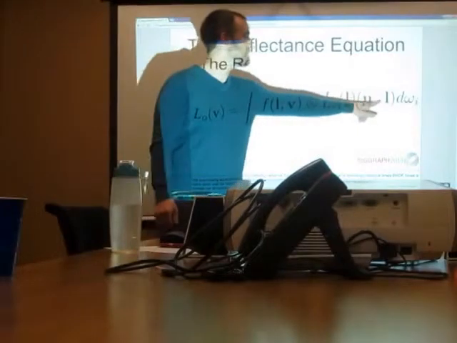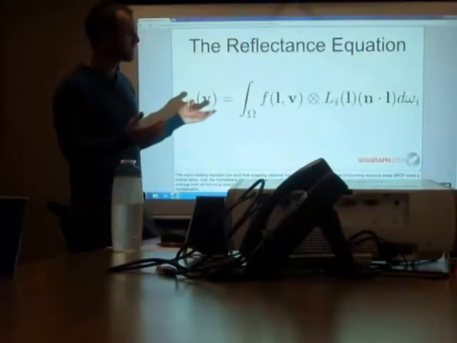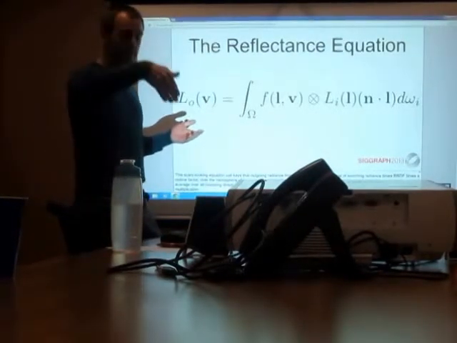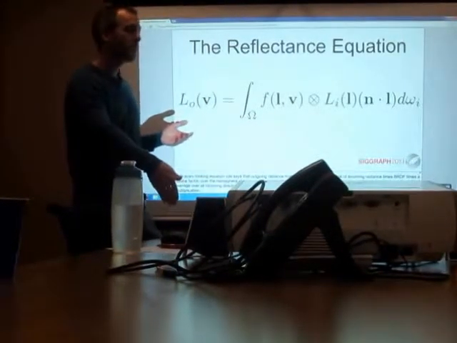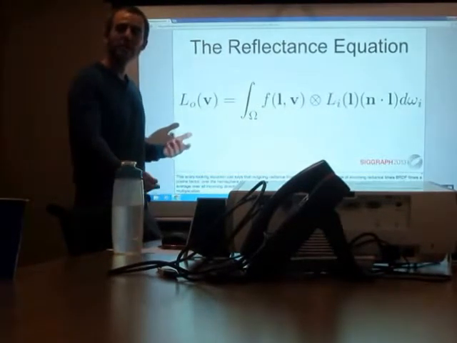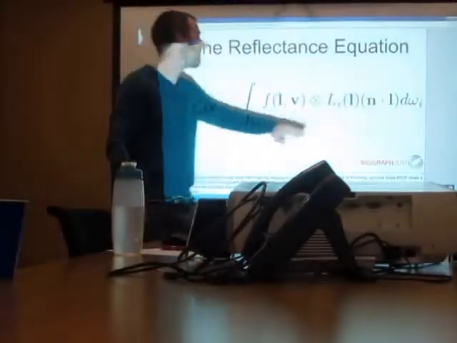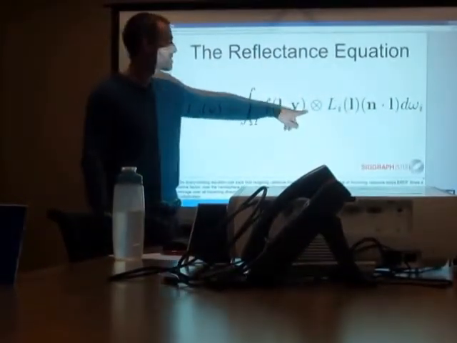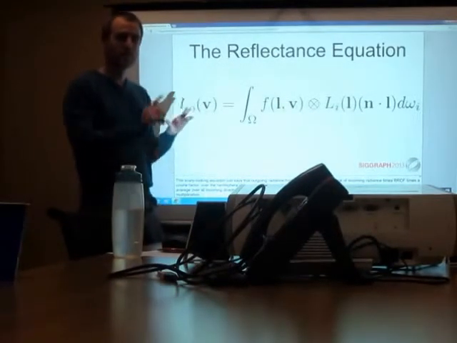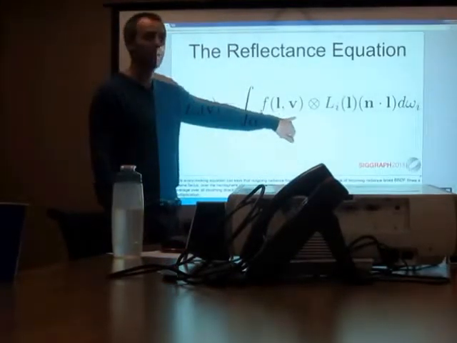multiplied by N dot L, which is like a weighted sum. If light is coming in straight on the surface, you're going to get a brighter contribution than light that was coming in at a glancing angle to that surface. And that's what this N dot L term gets you. Multiplied by, and this is just a component-wise multiply, meaning you multiply the red, the green, and the blue independently, multiplied by the BRDF, right?